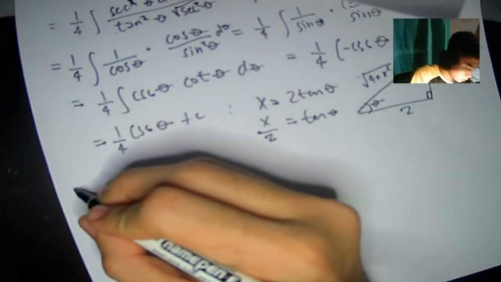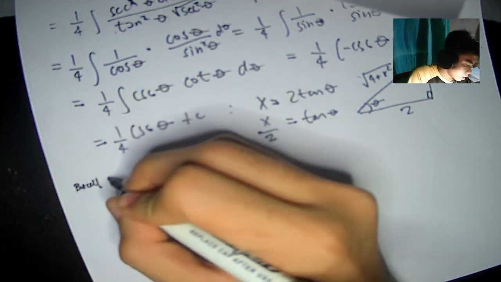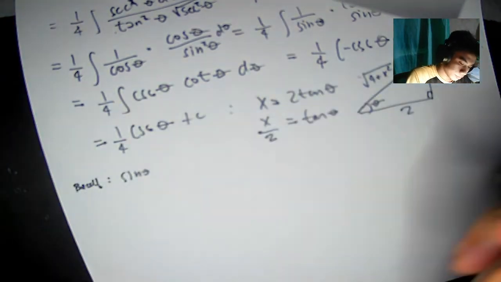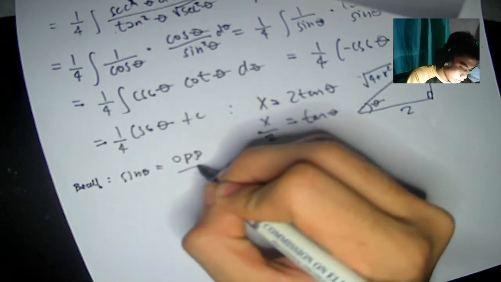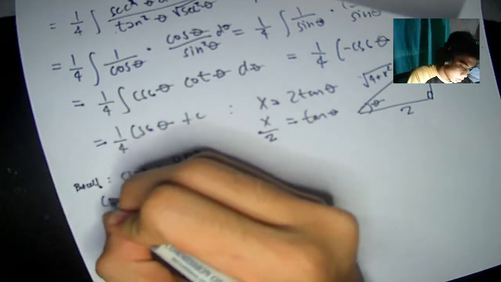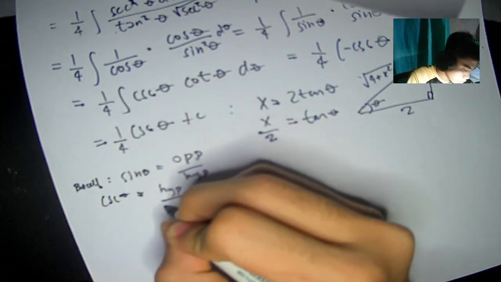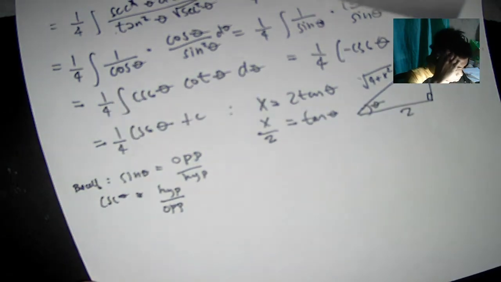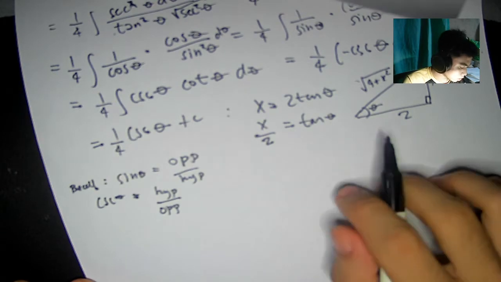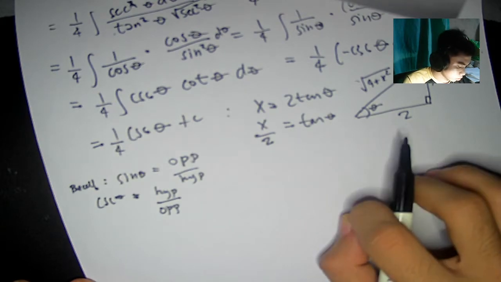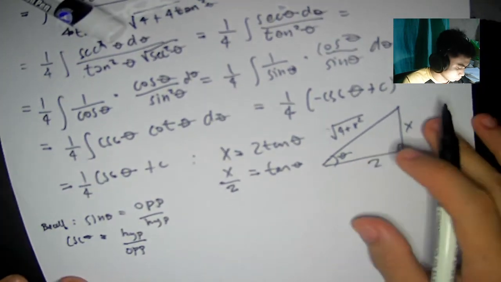So you can recall that sine theta equals opposite over hypotenuse, and cosecant is the hypotenuse over opposite. So what we'll have here is cosecant, hypotenuse over opposite. Opposite is x.